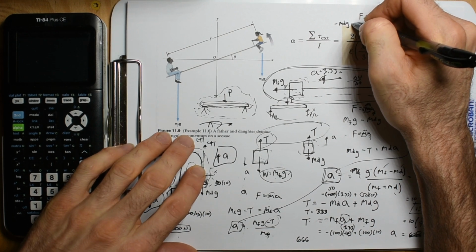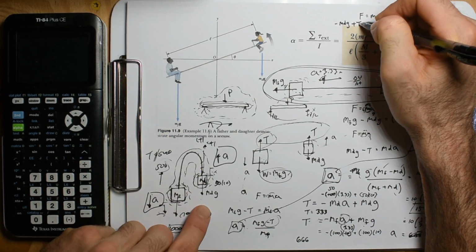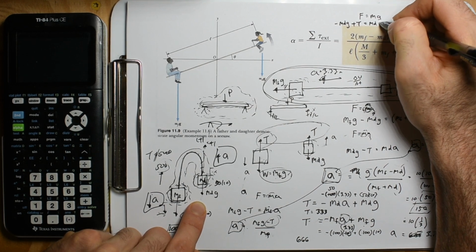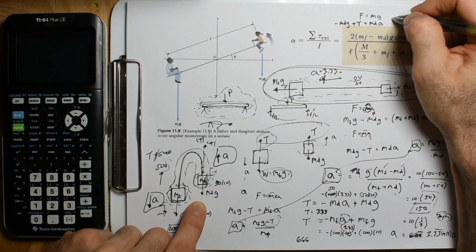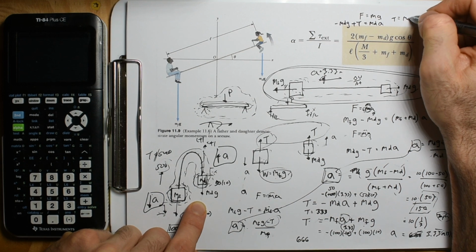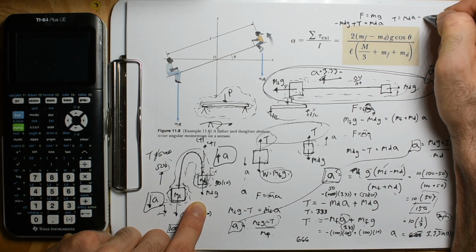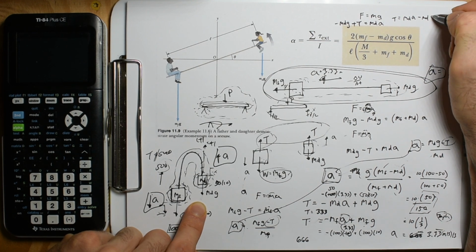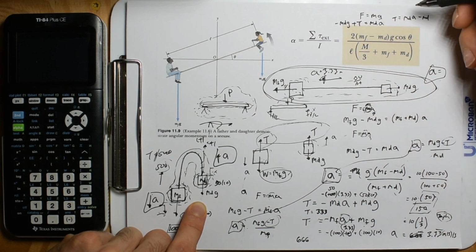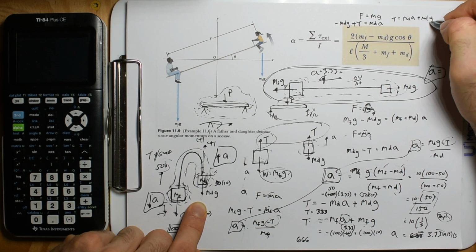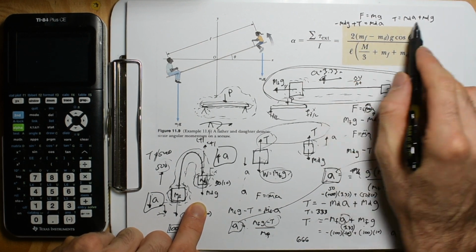But now you have a plus tension in the positive direction is equal to the mass of the daughter times the acceleration. So now your tension is going to be the mass of the daughter times that acceleration, that's the 3.3, minus the mass of the daughter times, I'm sorry, plus the mass of the daughter times g. So there you go. So now here's tension.